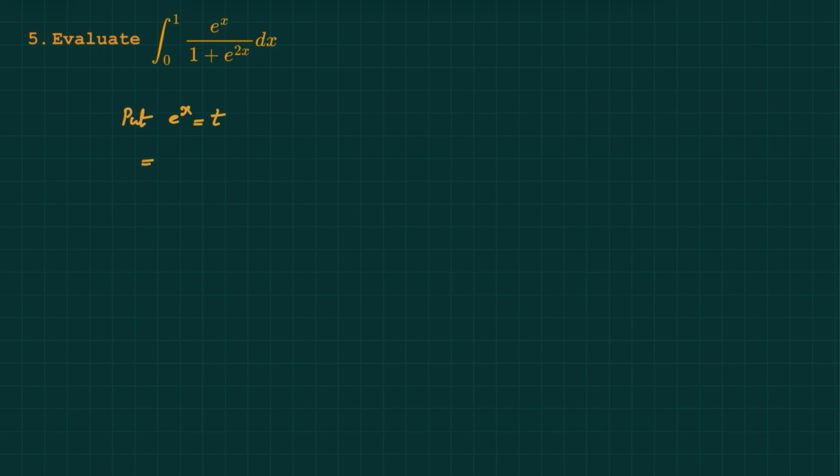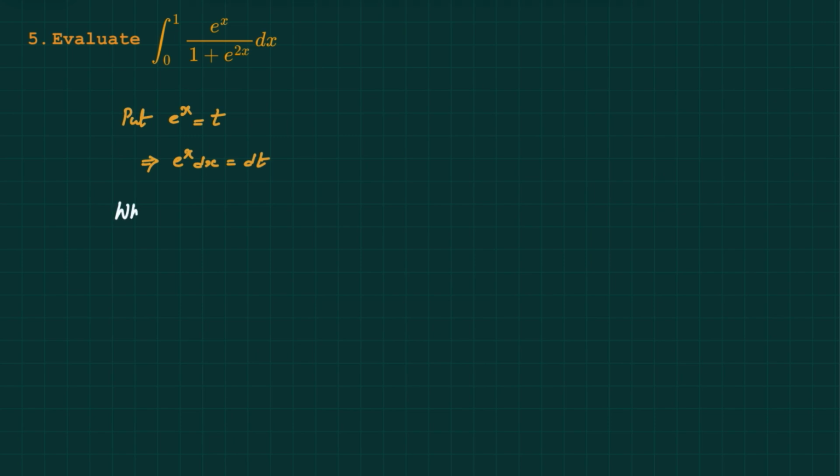Differentiating both sides with respect to x, we have e to the power x dx equals dt. Now one thing is that while doing the method of substitution, the lower limit and the upper limit also change, because these limits are for the variable x, and since we have changed it into a new variable t, we have to find the new lower and upper limit.